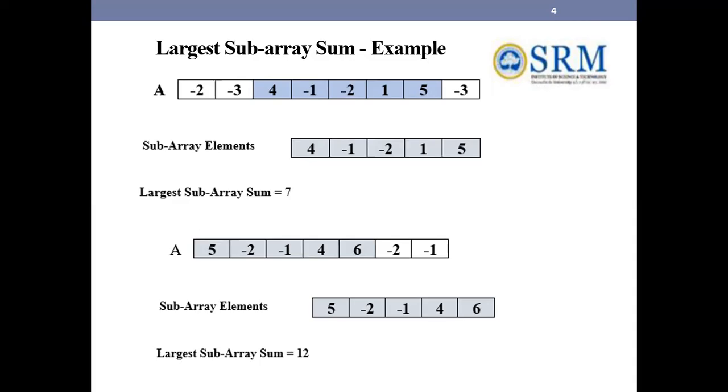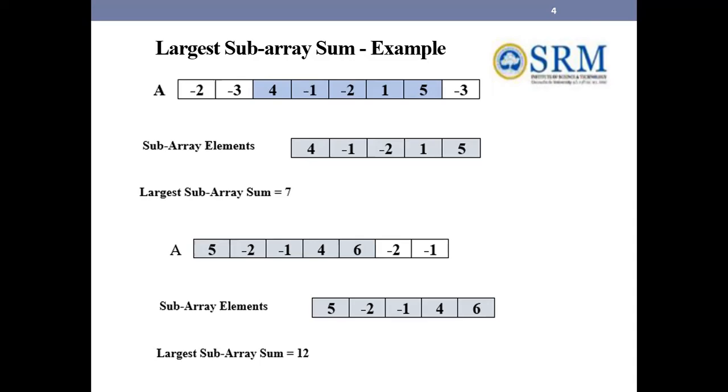And take the second example. So we have 7 elements. The sum of the first 5 elements, that is the subarray 5, minus 2, minus 1, 4, 6. That is 6 plus 4, 10 plus 5, 15 minus 3. That is 12. 12 is the largest sum of subarray.